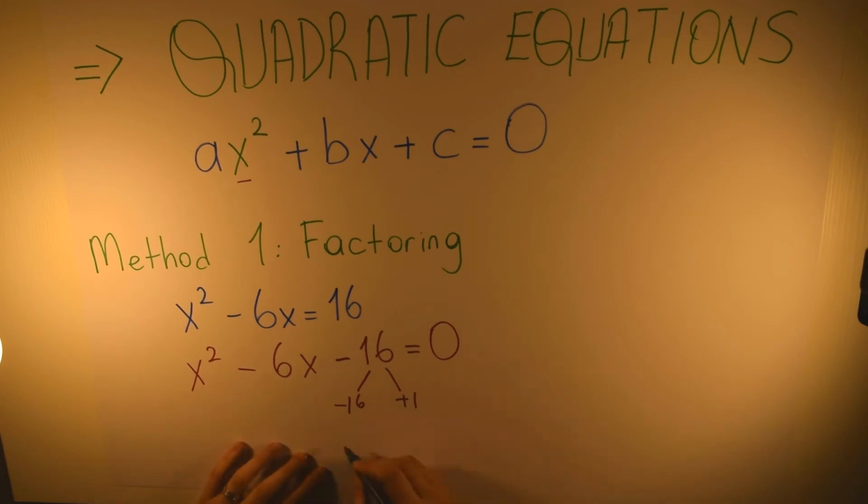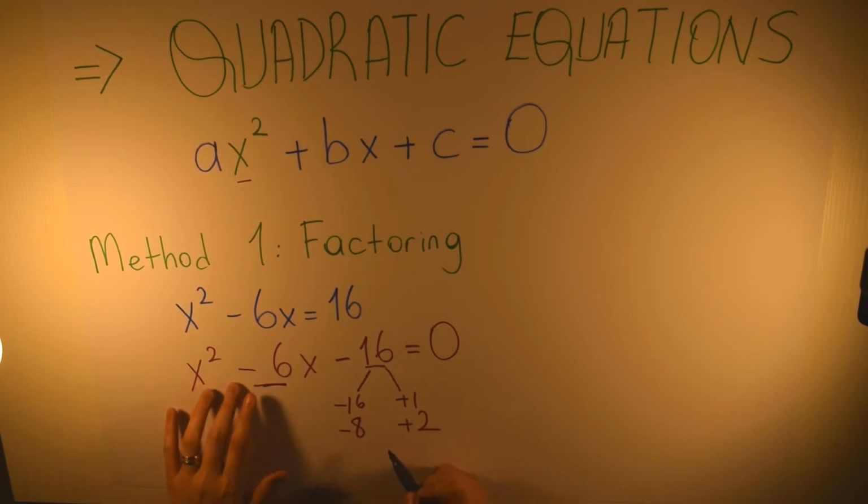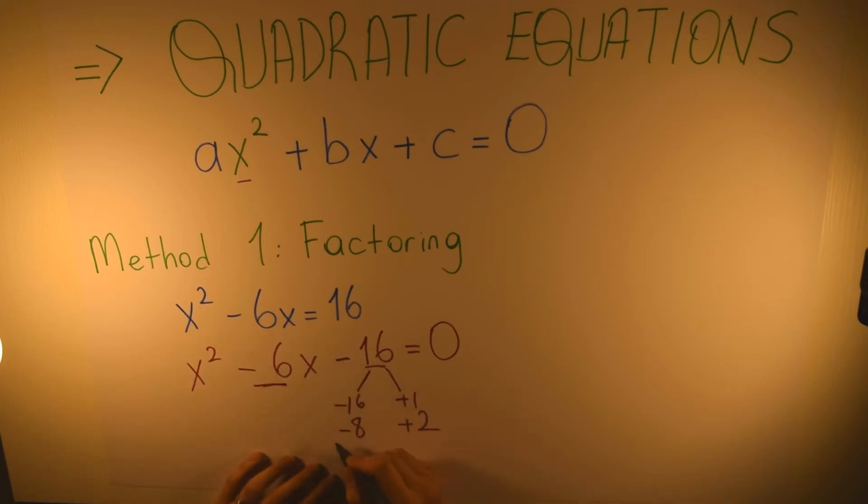So let's try another one. The factors minus 8 and plus 2, right? When I multiply these two, I get minus 16. When I sum them up, minus 8 plus 2 is minus 6. So as you can see, I found both of them.